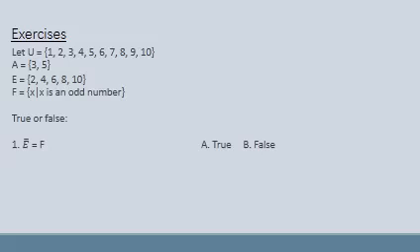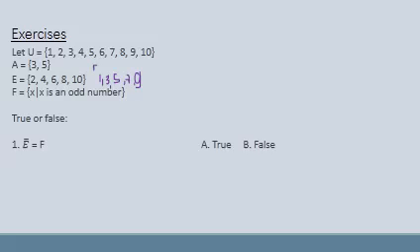Let us find E bar. E bar are all the elements that are found in U, but they are not found in E. So they are 1, 3, 5, 7, and 9. This is E bar. Okay?